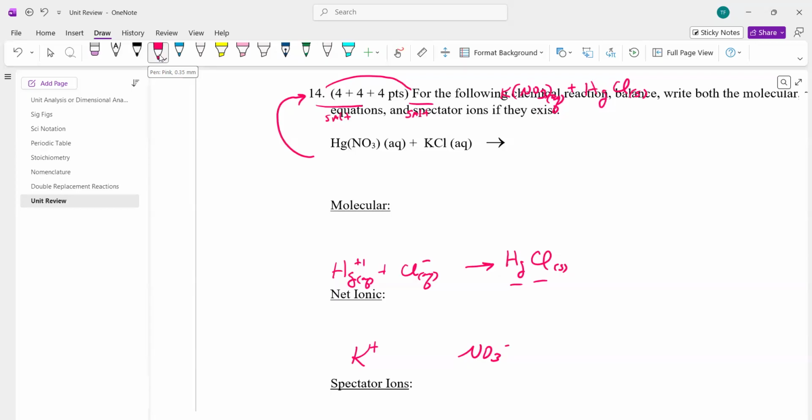Normally, the positives always go first. When you're putting a compound together, positive always comes first. There are no exceptions on that. When we're just listing ions, it doesn't matter, but I'm used to doing positive first.